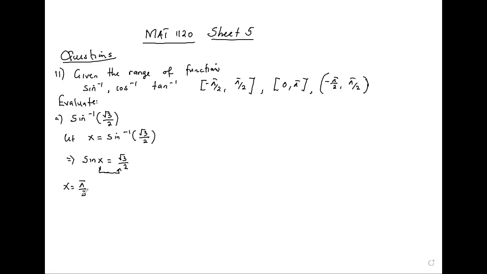Now this is for sine, and the interval given is negative pi over 2 all the way up to pi over 2. So we pick another value of x where sine is positive in that interval.